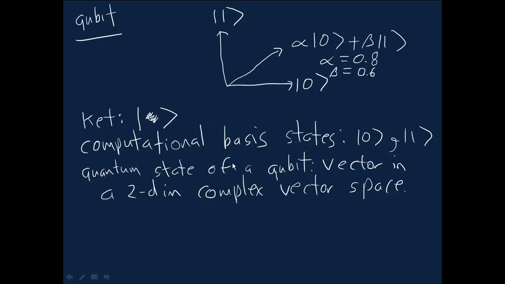So, this statement takes some unpacking. Why do we represent the states of a qubit as vectors in a complex vector space? In fact, why in a vector space at all? When we think about the bit, we represent the states of a bit in terms of numbers, 0 and 1. So why do we take this seemingly more complicated description?